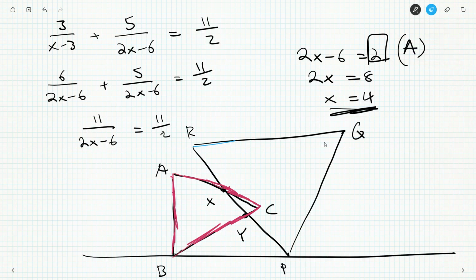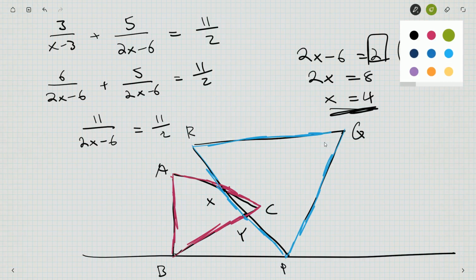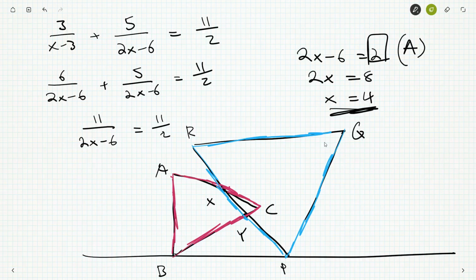We'll use the blue for our other triangle. And there we go. And let's clean it up a little bit in here, because I feel like we're going to have to deal with some of the angles in here. Okay.